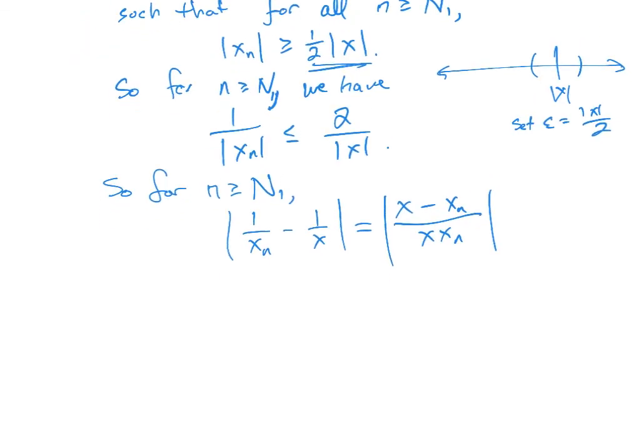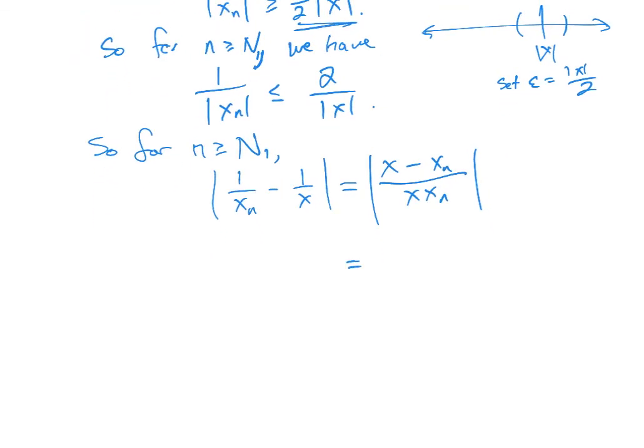Now, we pull out the 1 over absolute value xn times x, and we're left with a quantity that we can make small, times the quantity that, well, now we think about it, the x part of this is just some number.